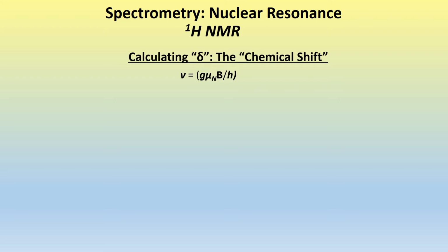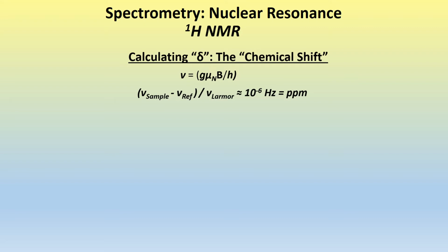In any given compound, various protons will resonate at various frequencies. This is the frequency of the sample relative to the frequency of the reference, divided by the natural precession frequency or the Larmor frequency, and you get an answer in the range of 10 to the minus 6, in other words, 1 part per million.